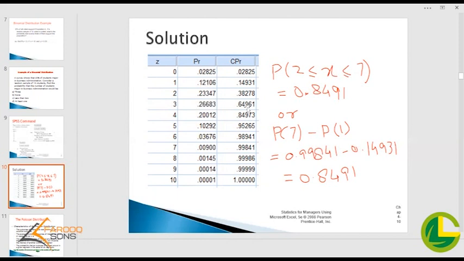If the question is to find the probability between 2 and 7, it means the probability of 7 minus the probability of 1. 2 to 7 means 2, 3, 4, 5, 6, 7. You add all of them, 2 to 7, and you get the same answer, or you can use cumulative probability and subtract.